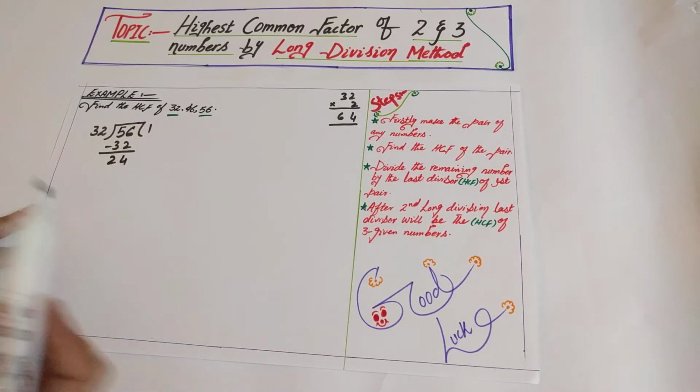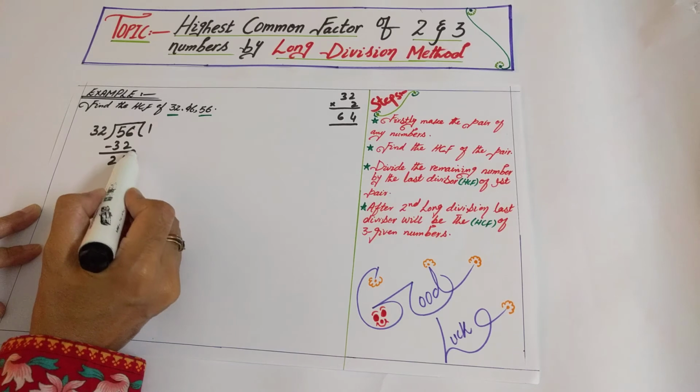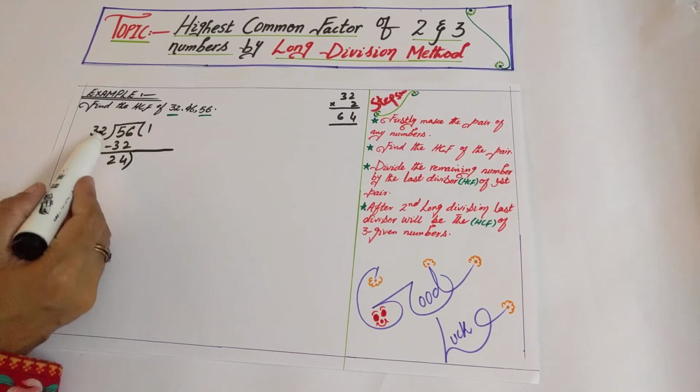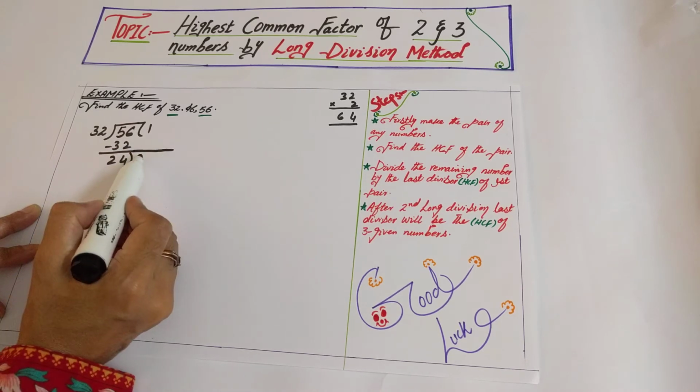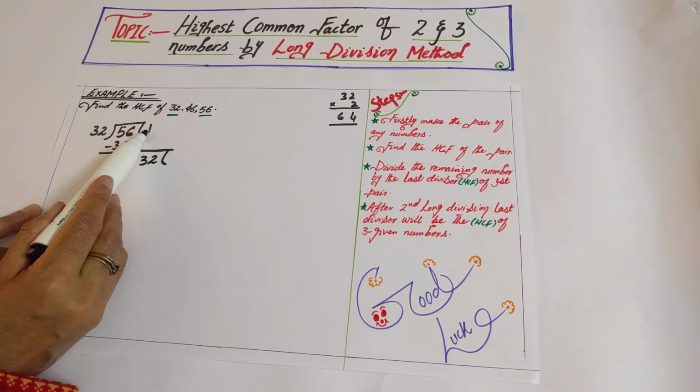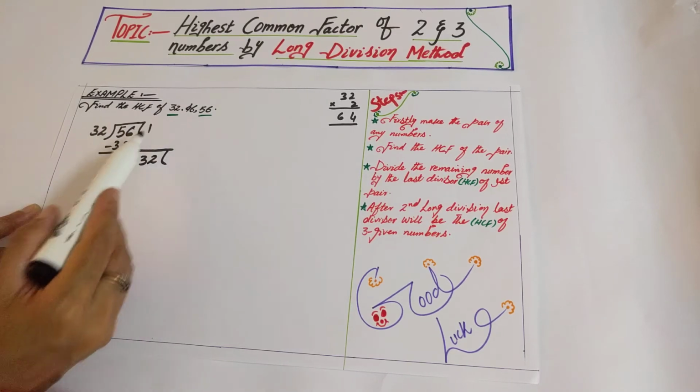The remainder is 24. We will again follow the same steps. The remainder will be converted into the divisor and the previous divisor will be converted into the dividend. You can put this quotient at the top or at one side.